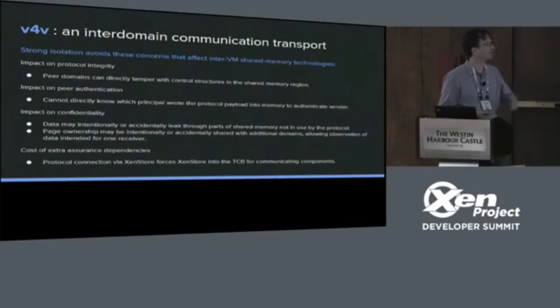You can't necessarily prevent memory being shared with other domains. The use of Xen store in some shared memory technology where you're establishing your communication path puts Xen store into the TCB, which is a concern that doesn't apply to V4V.